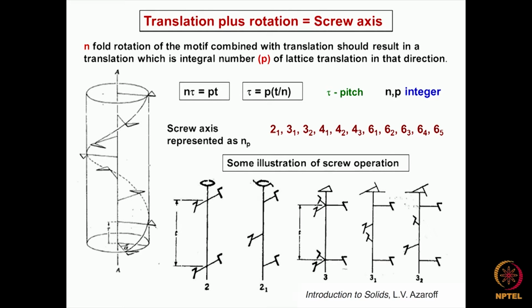Now if we look at a 2-1 rotation, this one is rotated by 180 degrees, it comes here, with another rotation and a translation it is brought to that point. Similarly for 3-fold, 3-1 as well as 3-2, how a motif will be rotated and translated around the screw axis is depicted in this figure.